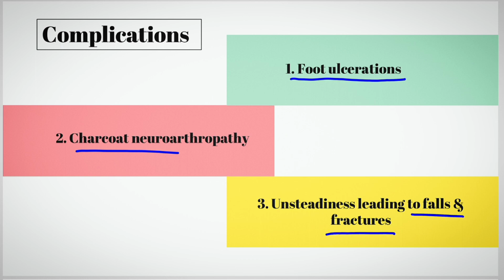Charcot neuroarthropathy is a chronic, devastating and destructive disease of the bone structure and joints, which is usually present in a patient with neuropathy, and it is usually characterized by painful or painless bone and joint destruction.